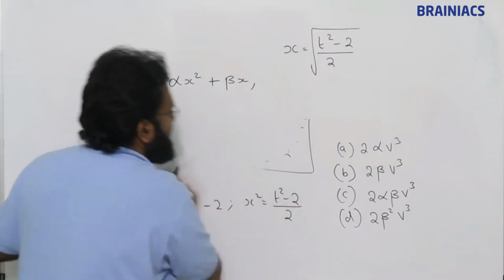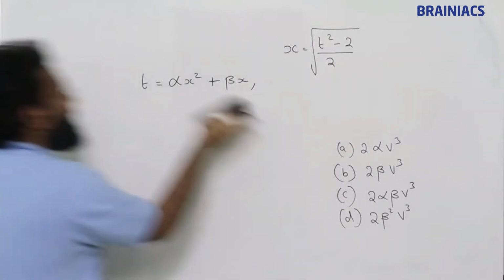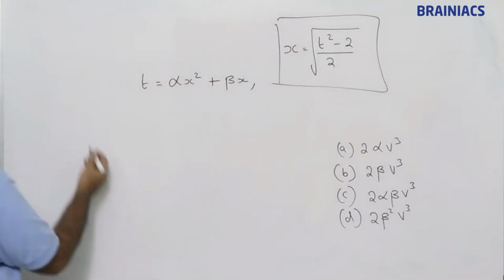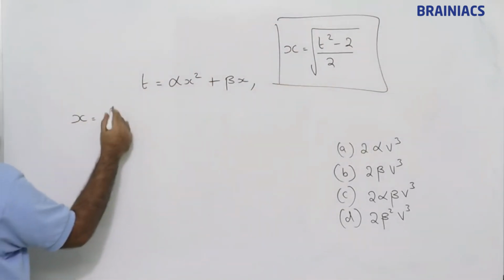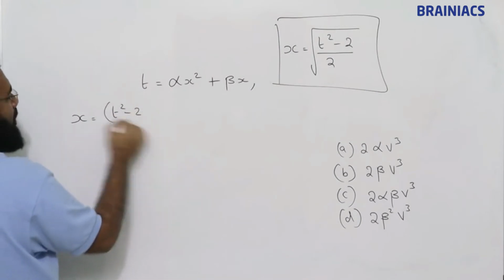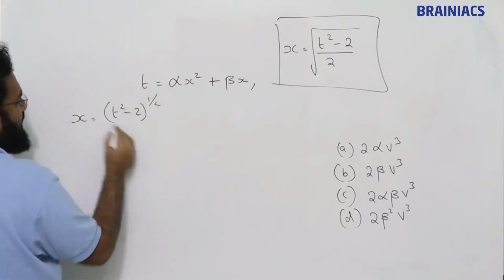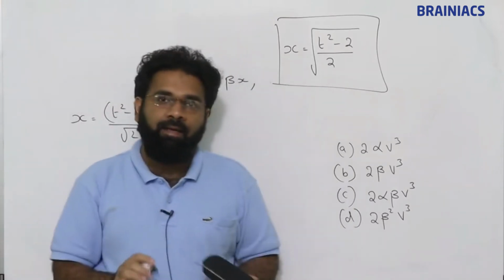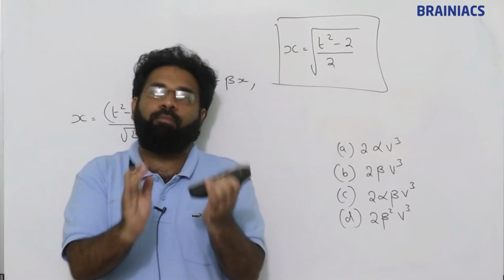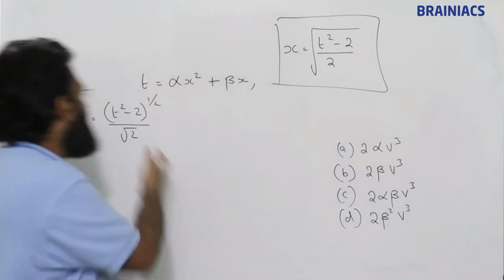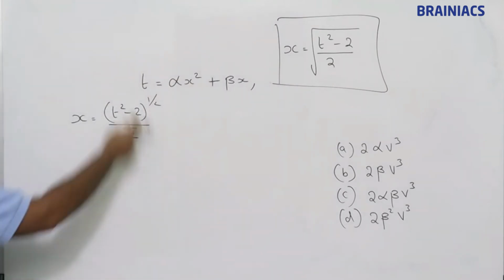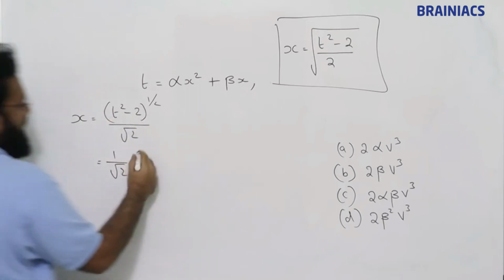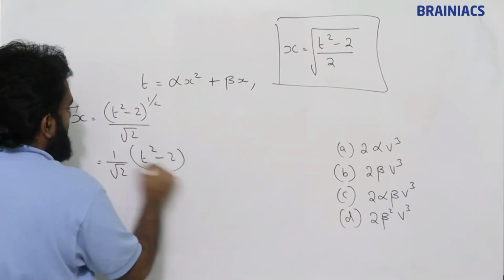So if we could make the equation into this form, and this is the displacement or position, how will we find velocity? x is equal to t square minus 2 all raised to 1 by 2, and root 2 can be written like that, full term raised to 1 by 2. So by chain rule we can do this. First we keep the 1 by root 2 apart, and differentiate t square minus 2 all raised to 1 by 2.